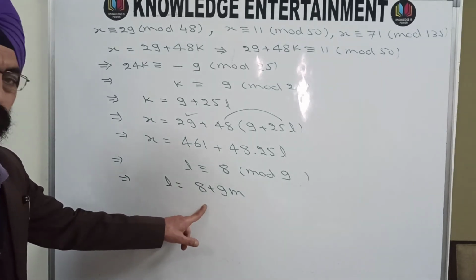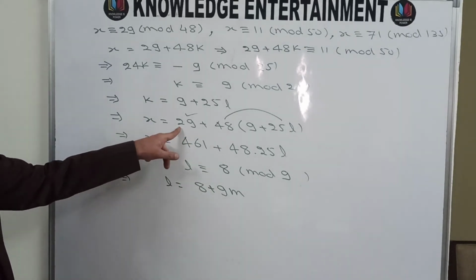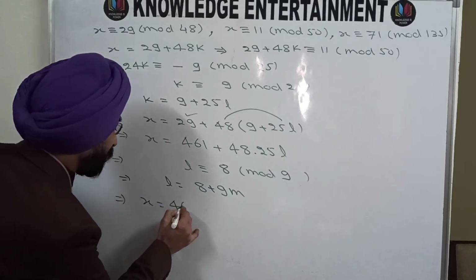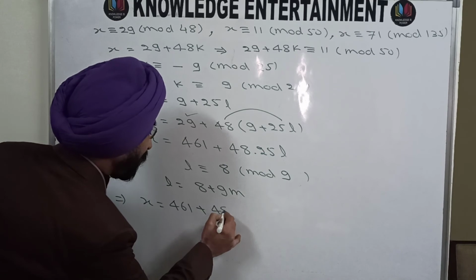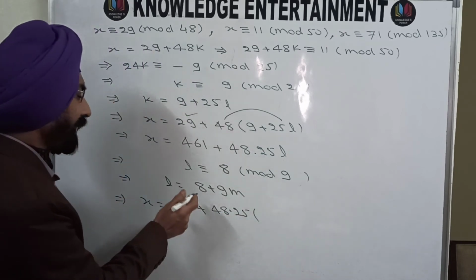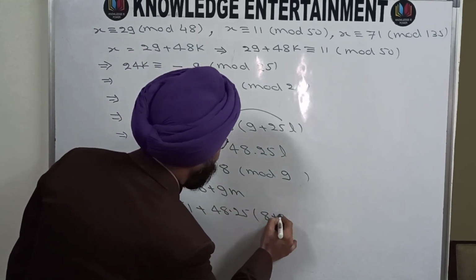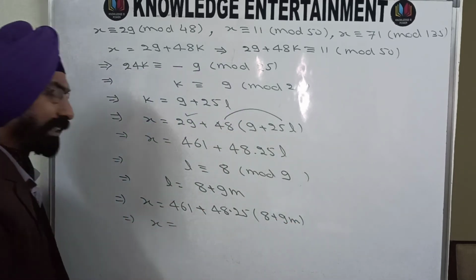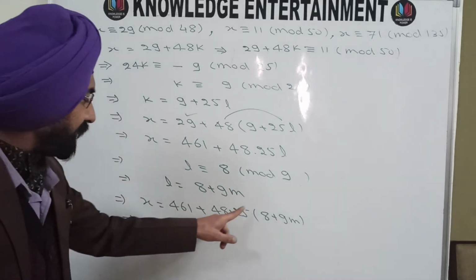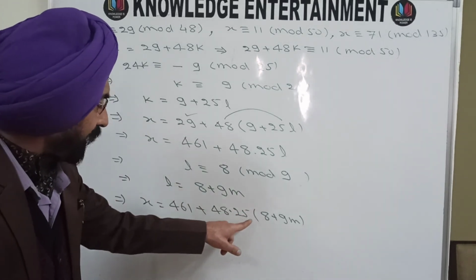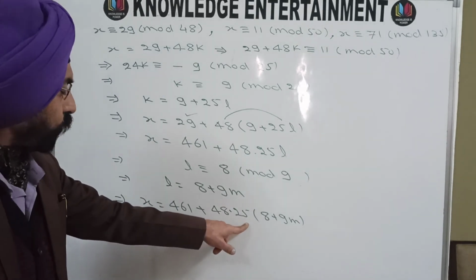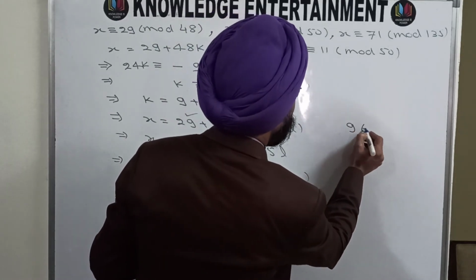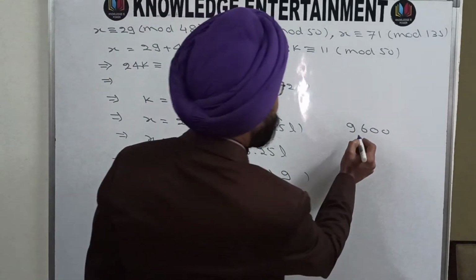And put this value of L once again in the value of x. So what is your x? Your x is 461 plus 48 into 25 into L, and L is 8 plus 9m. So the value of x you are going to get is x is equal to 461 plus this quantity. So 8 into 25 is 200, and 200 multiplied by 48 is 9600, and plus 461.